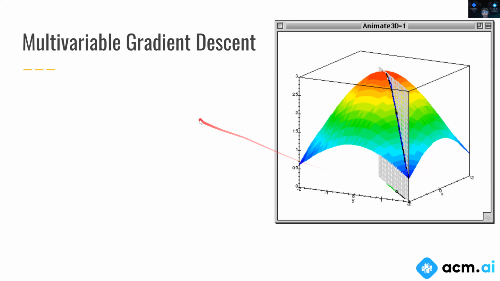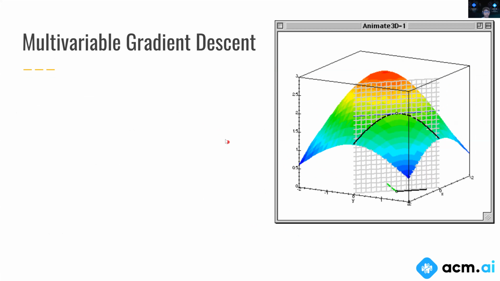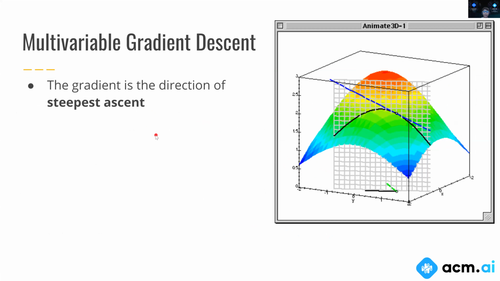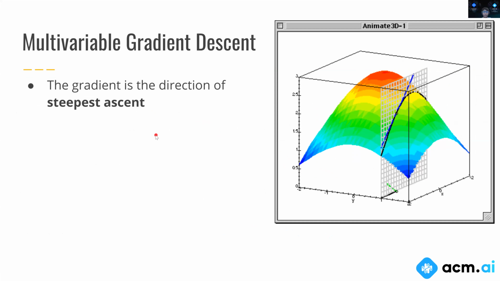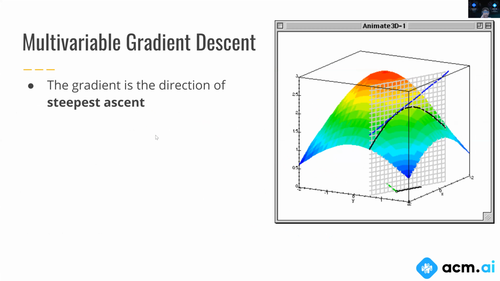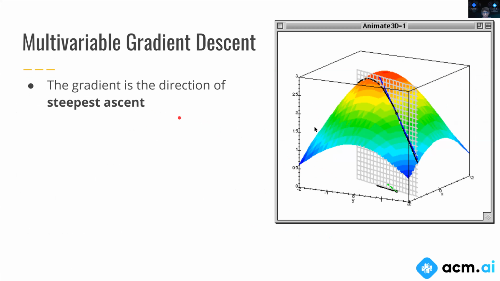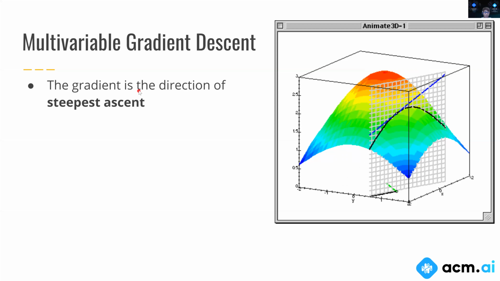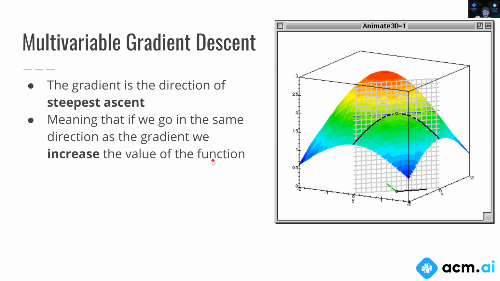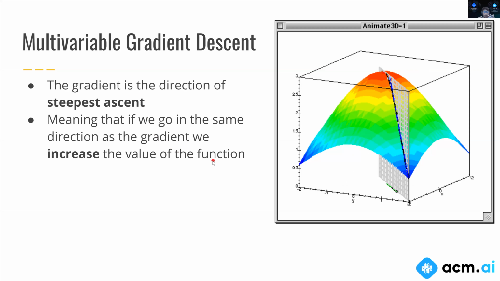Just like before, we're going to extend this to the multivariable case. If you remember, we had this gradient vector that we calculated. An important thing about this vector is that it points in the direction of steepest ascent. What that means is if I were to follow the gradient, if I were to walk along this vector, I would end up increasing the value of my function.